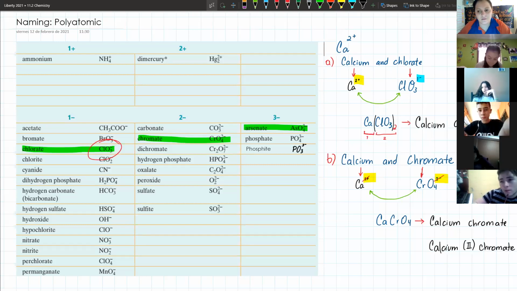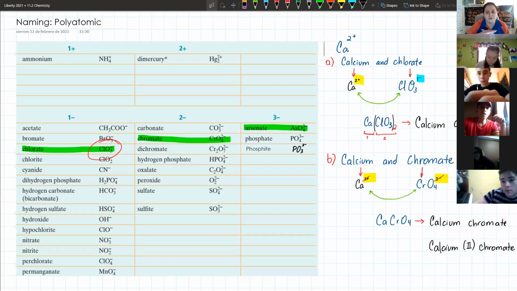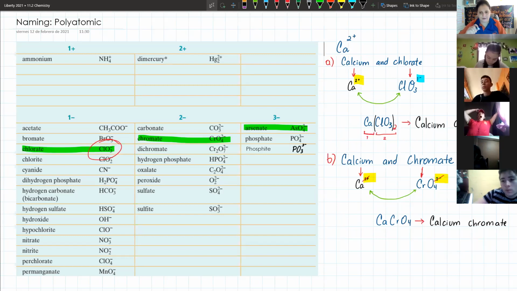I think it's incorrect. It is incorrect because calcium has only one oxidation state, so you don't need to specify that it uses a charge of 2, because that is the only possible charge that it can use. But in the case of transition elements with different oxidation states, it will be needed. So yes, that one was incorrect.